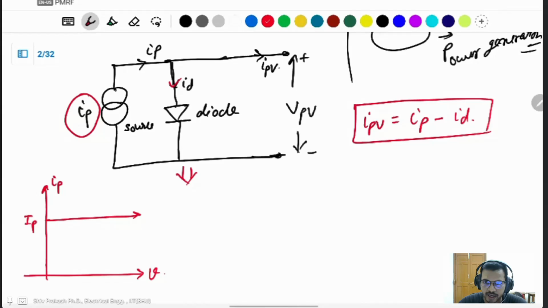ID is the diode current. IP is the insulation current, or you can say photon current. Photon current is the one generated from the PV cell. Photon current minus diode current.